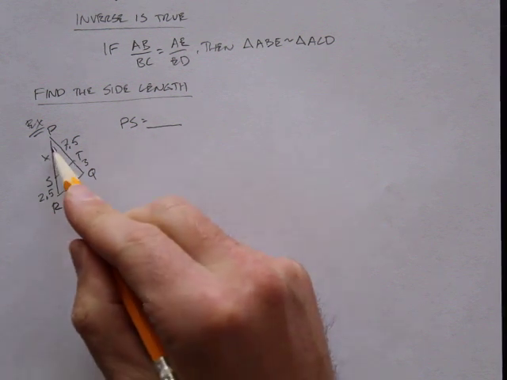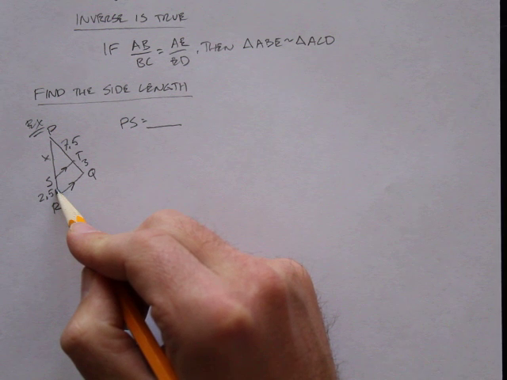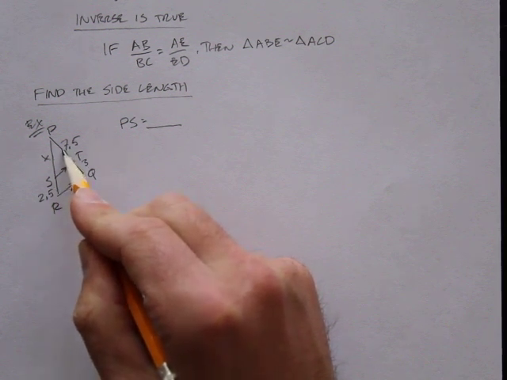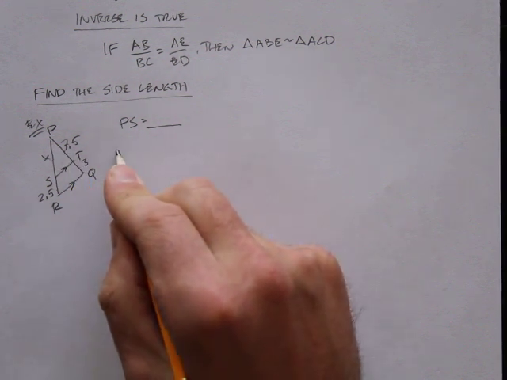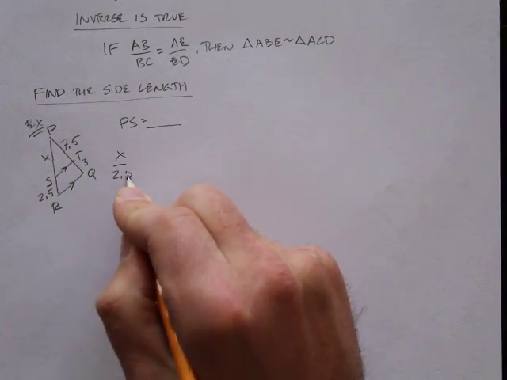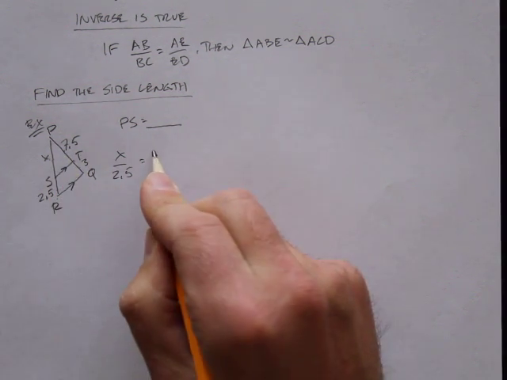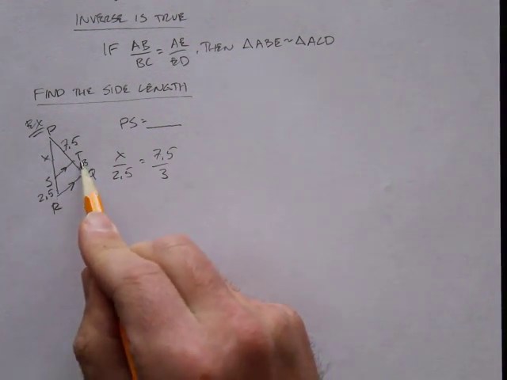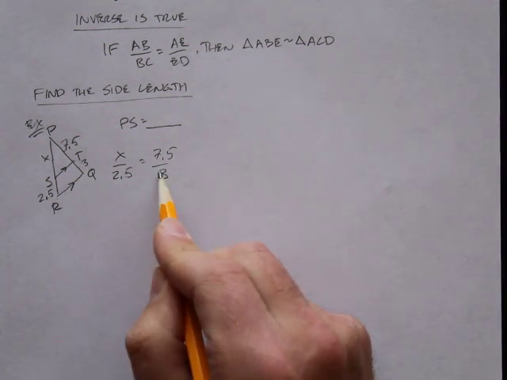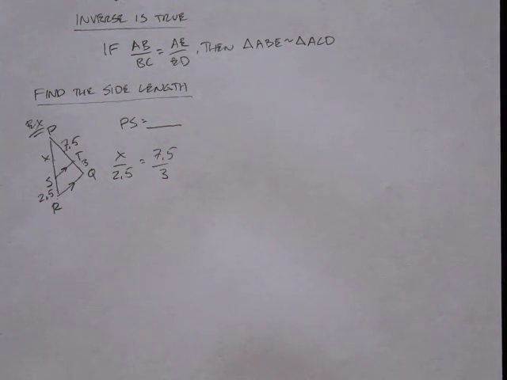And so what we can do here is we can say x over 2.5 equals 7.5 over 3. So notice the smaller pieces are on the bottom and the bigger pieces are on the top. So we're going to try to keep that straight.